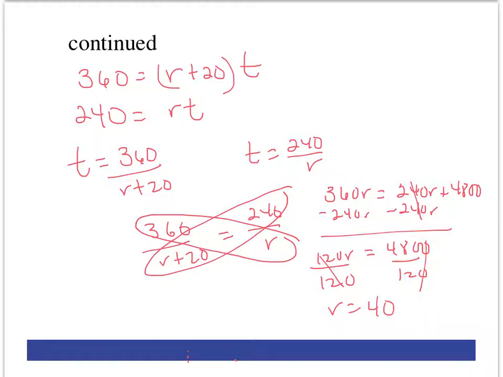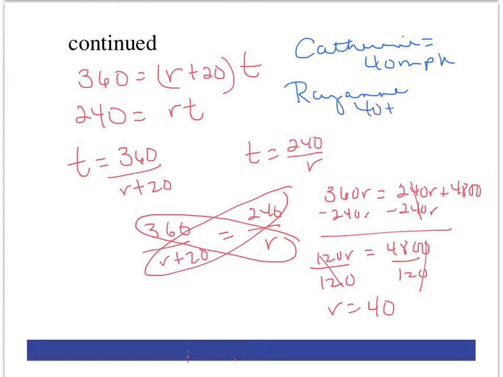So we found the rate of Catherine, her mother, who drives 40 miles per hour. And Rayanne, remember, was 20 miles more than that. So 40 plus 20 equals 60 miles per hour.